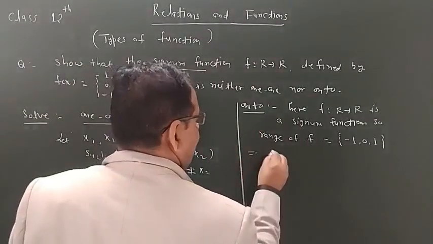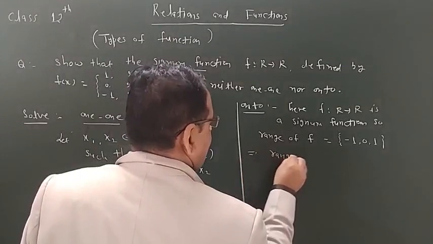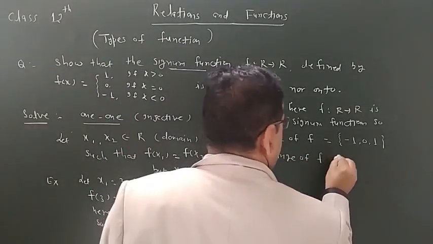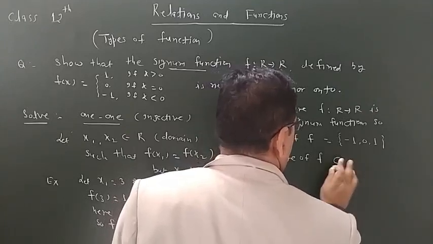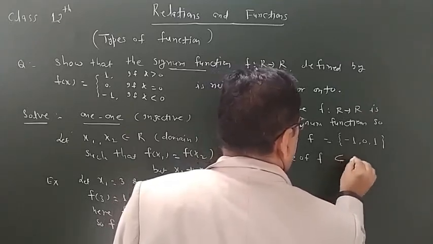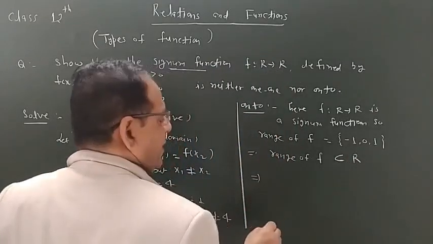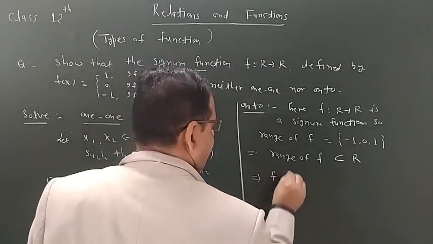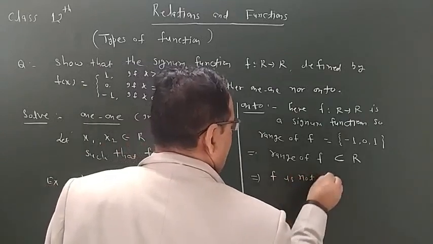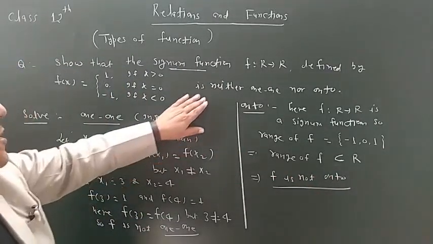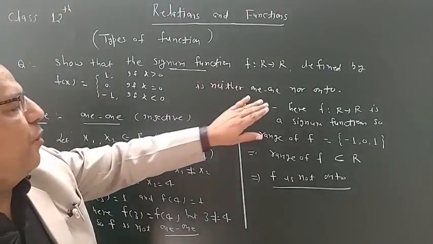This implies that the range of f is a proper subset of the set of real numbers. This implies that f is not onto. So the signum function is neither one-one nor onto.